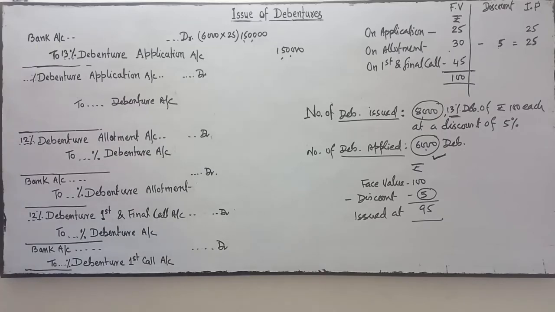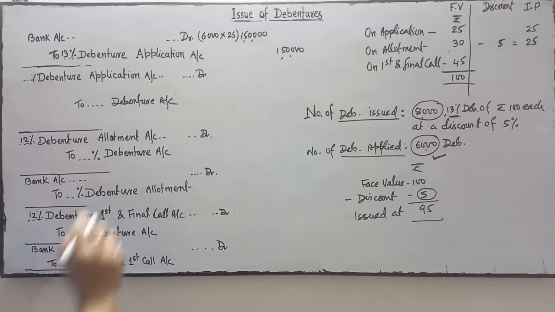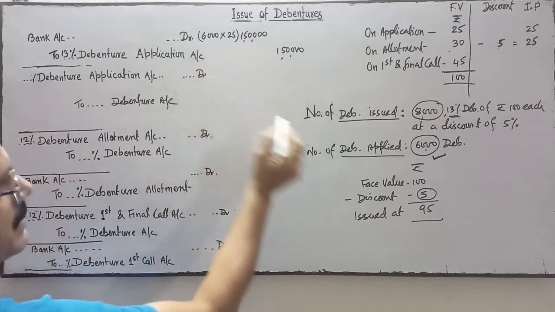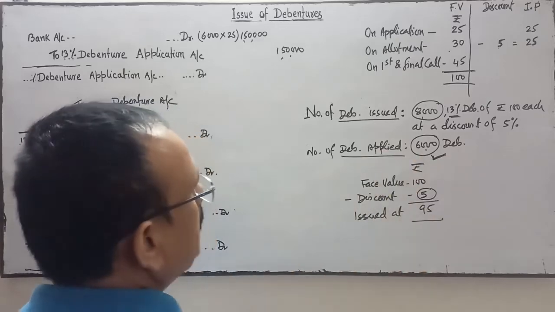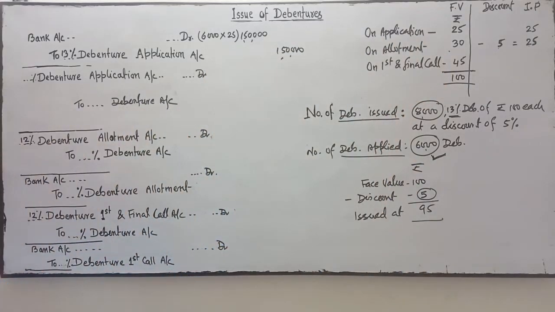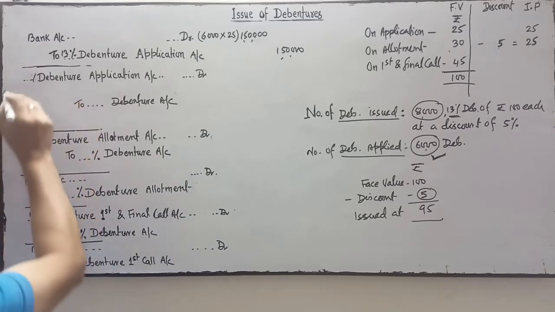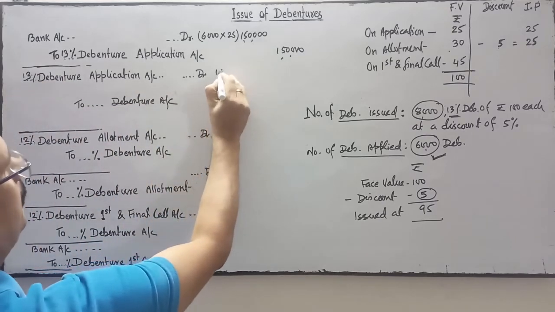So bank account debit to 13% debenture application, 1,50,000. We'll do all calculations on the number of debentures applied, 6,000 into application money. Now next, 13% debenture application account debit 1,50,000.